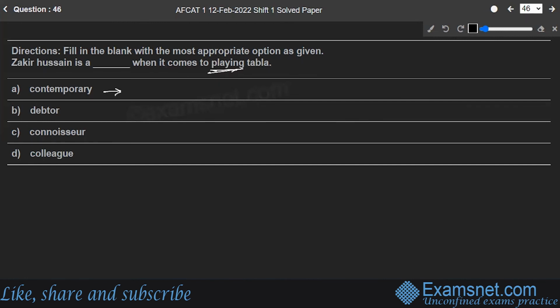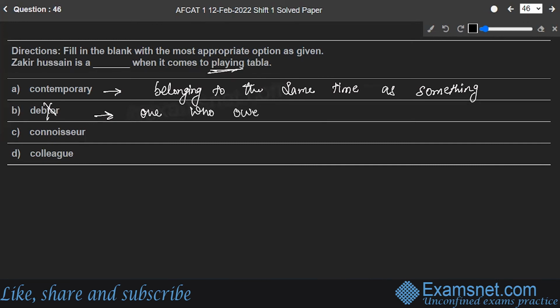So the word contemporary means belonging to the same time as something or somebody. Debtor is one who owes money. So I think this is totally an irrelevant word.